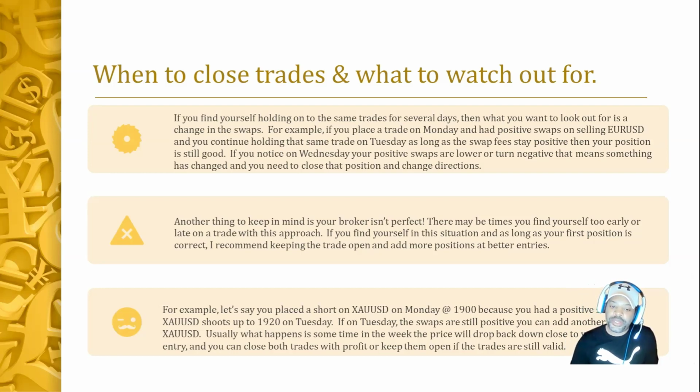Usually what happens is sometime in the week, the price will drop back down close to your first entry. And you can close both trades with profit or keep them open if the trades are still valid. So that's an important note there.